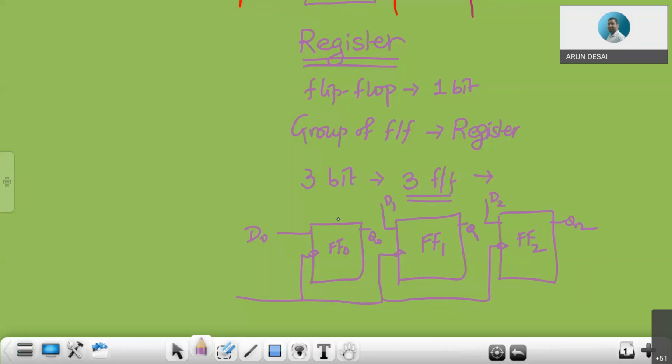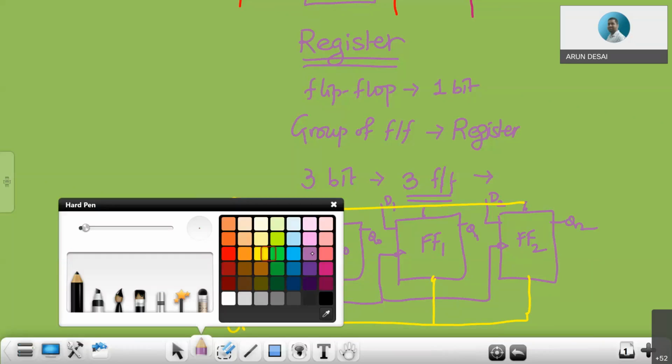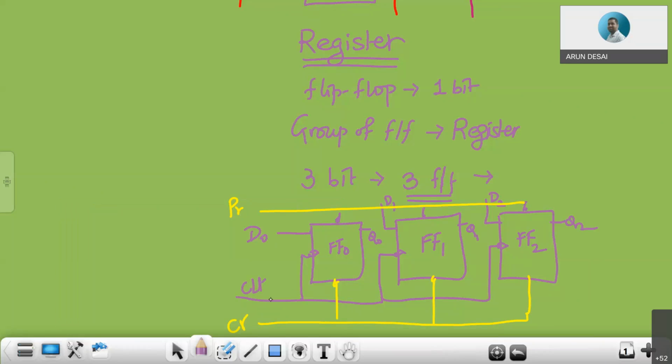You also connect preset, this is my preset. Again, this is clear, and this is my clock, right? So you can store multiple bits in a register.